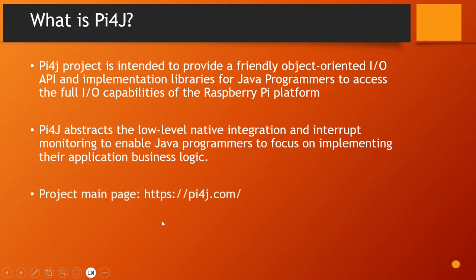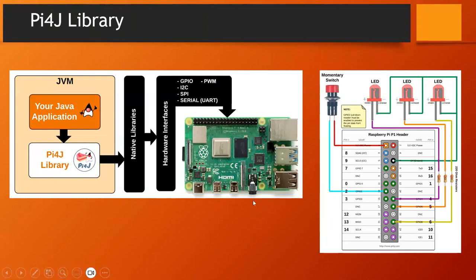Okay, if you want to know more about it, you can go to its official webpage, pi4j.com, and be my guest there. Again, what happens is you have your application here, and then we are using the Pi4J library to go to the native libraries, that is the Wiring Pi, probably, that I mentioned to you.